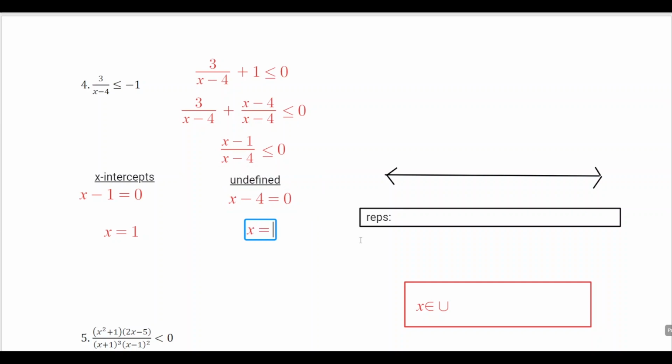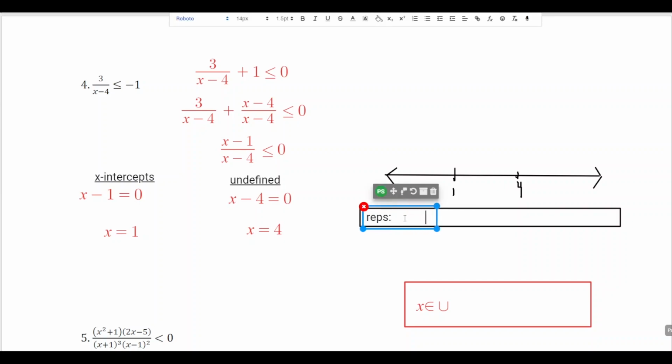So for this one, we're only going to end up with 3 different intervals because we have 2 different numbers to mark on our number line, 1 and 4. So the representatives I'm going to use here are going to be 0, 2, and 10.